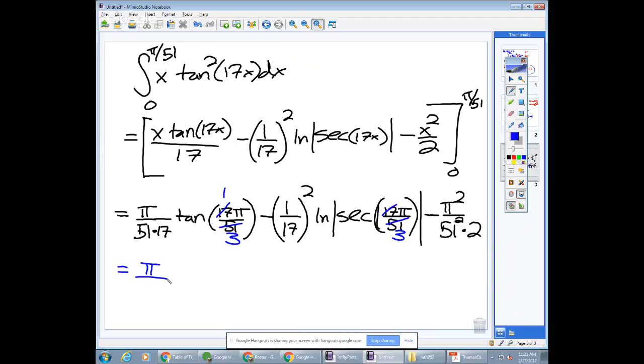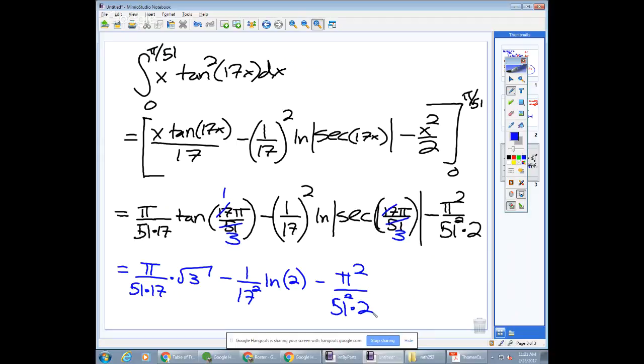Pi over 51 times 17, whatever that is, times the square root of 3, minus 1 over 17 squared times the natural log of 2. And we don't need the absolute value anymore. Natural log of 2 says e to what power is 2, which is not a nice number. I think it's 0.69-ish. And then we have minus pi squared over 51 squared times 2.